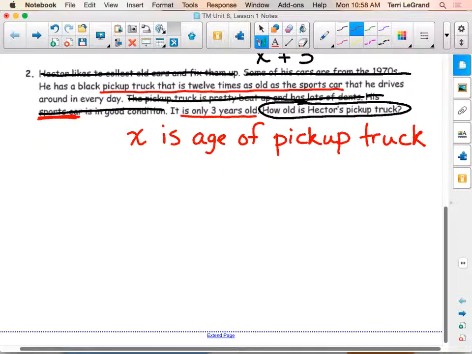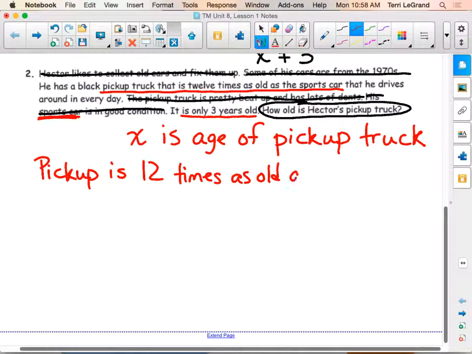And we're just going to take this one right up here. It says the pickup truck is 12 times as old as the sports car. Let's write that down. Pickup, we'll leave out the word truck right now, is 12 times as old as the sports car.